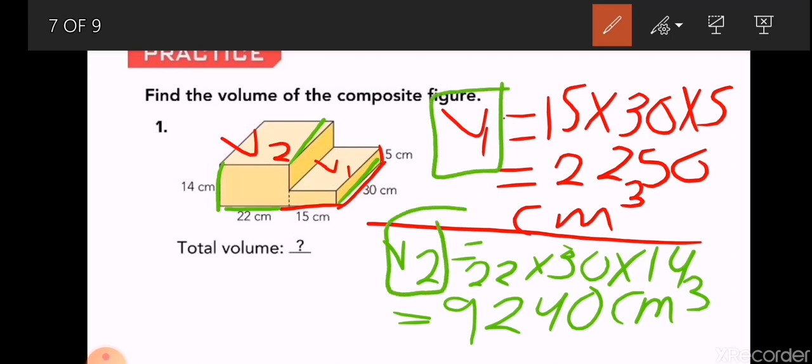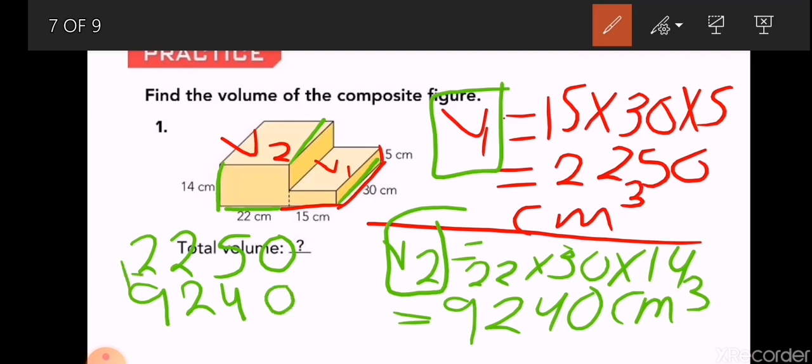If I add both together, I will get the total volume. So let's add 2250 added to 9240. 0, 9, 4, 2 and 9, 11.